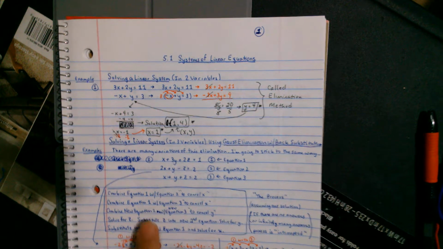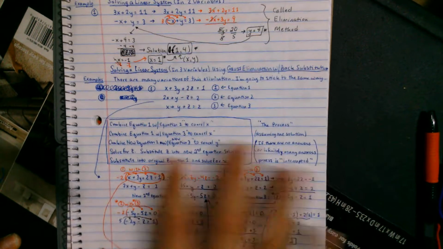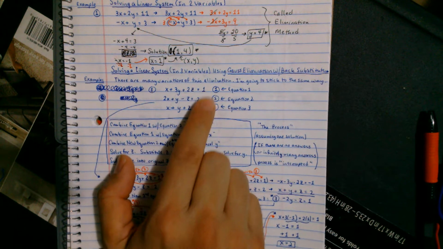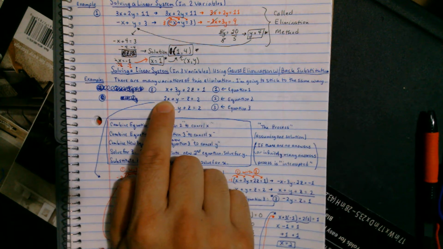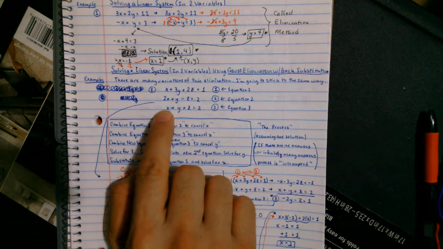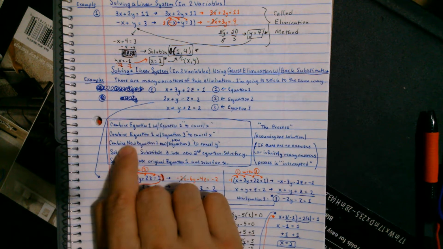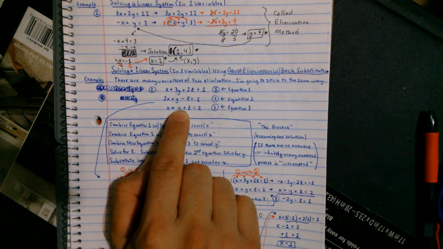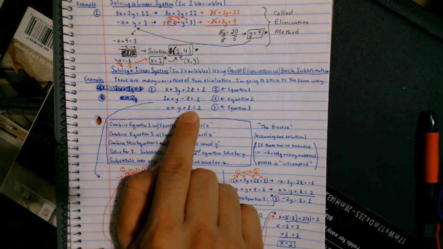So the way I'm going to teach it is these little steps right here. I'm going to take the first equation with the second equation, and I'm going to cancel this x. Then I'm going to take the first equation with the third equation, and I'm going to cancel this x. Then I'm going to combine the two equations that survive, and I'm going to cancel this y on the third equation. And that's going to leave me with a z answer.